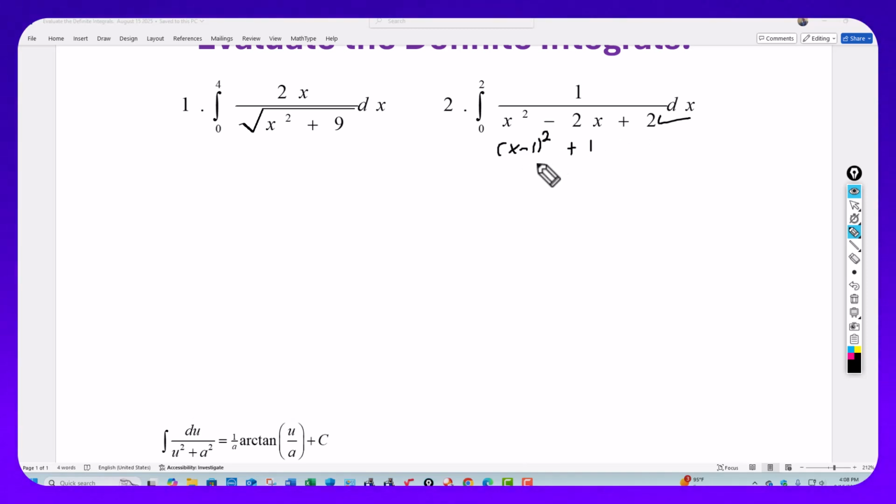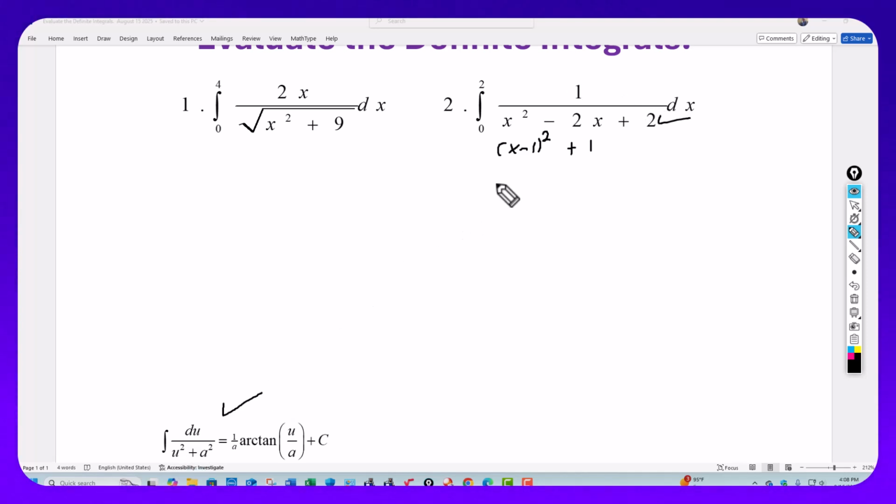So notice if I were to let u equal x minus 1, then du would be dx. It wouldn't change. Now if there were a 2 here, 2x minus 1 or 3x minus 1, that'd be different. So in this case, for this formula right here, the du is just going to be dx.